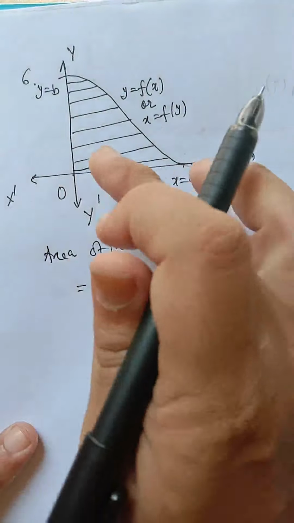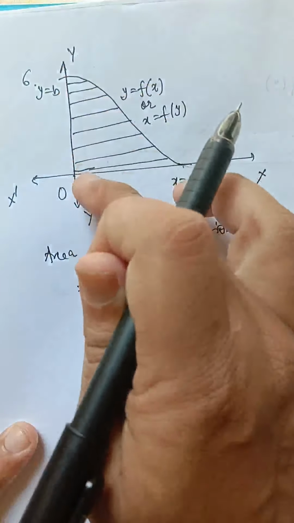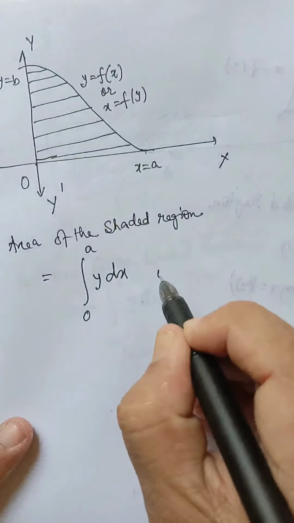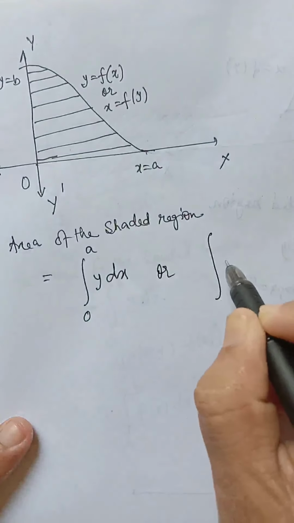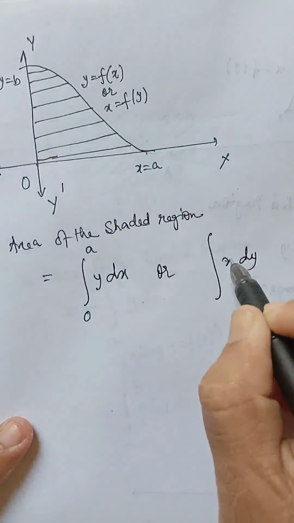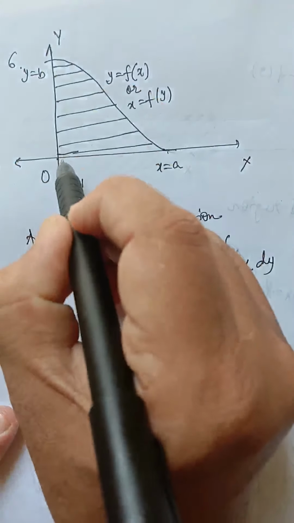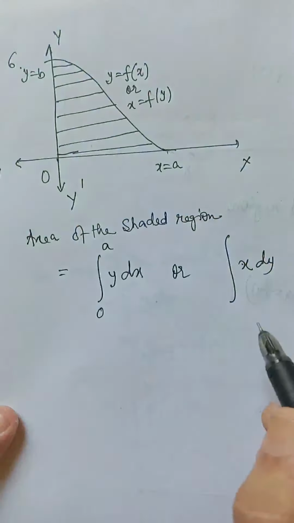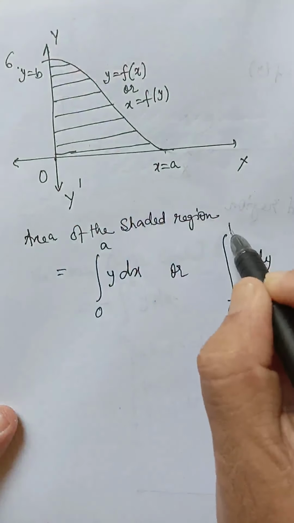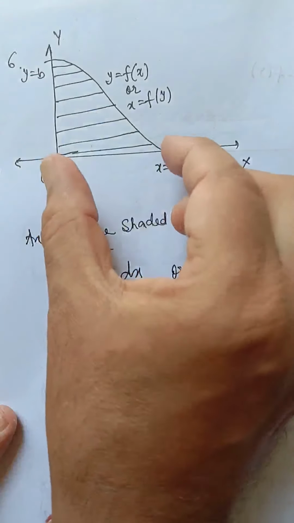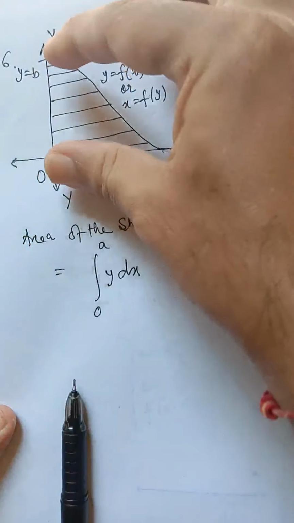Or we can consider the y-axis also as one of the boundaries, and if we consider the y-axis as boundary, its area will be x dy. On the y-axis it varies from 0 to b, so it will be 0 to b. So to find the area of this particular region, you can consider the x-axis as boundary or the y-axis as boundary.